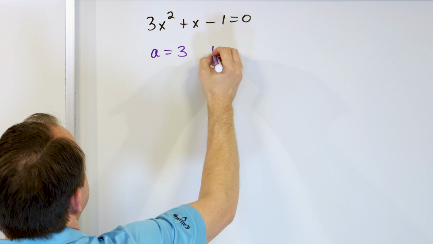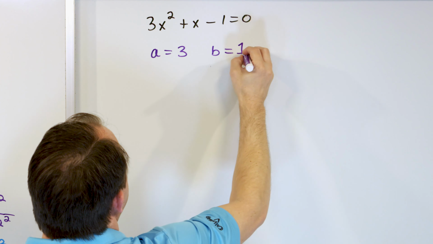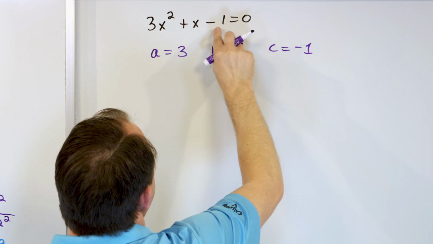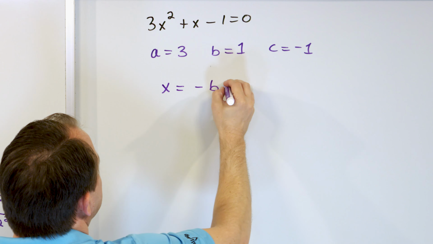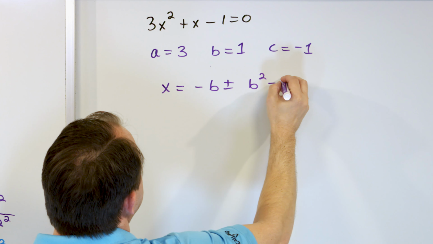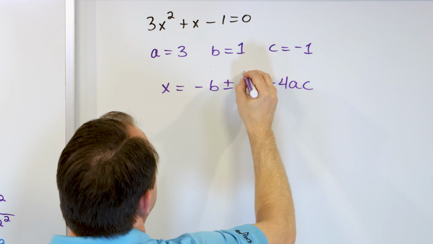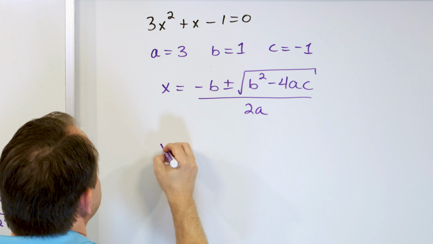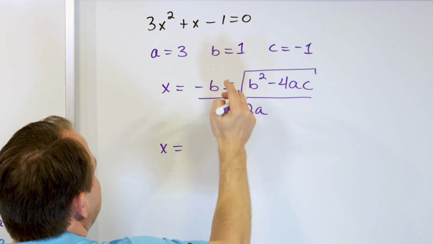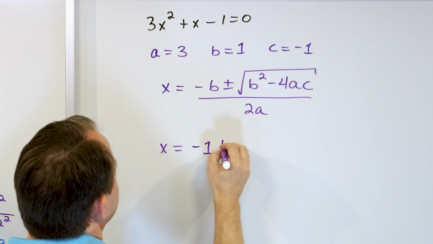I know that in this equation, a is equal to 3, b is equal to the 1 here, and c is equal to the negative 1, which is the constant, and that the solutions of this is just negative b plus or minus the square root of b squared minus 4 times a times c, and the entire thing is divided by 2a. And so your equation is going to be negative b, which is a 1, so negative 1 here, plus or minus.